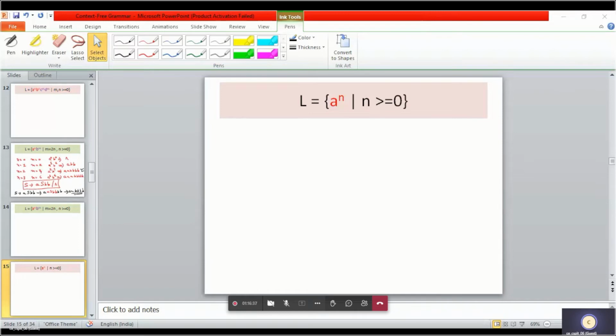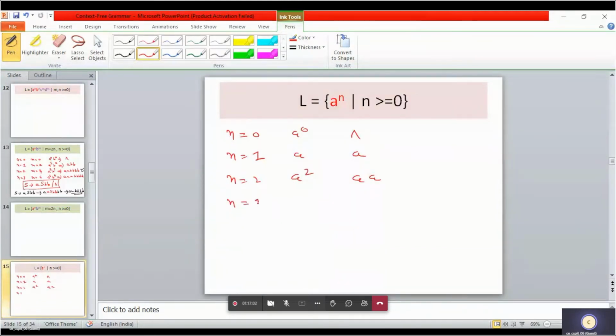So if you can tell me what will be the grammar for this, it is a very simple language. If you want to analyze, we can analyze like this: if N equal to 0, A raised to 0, so it will give you null. If N equal to 1, A, so only A is there. If N equal to 2, A square, that is AA.